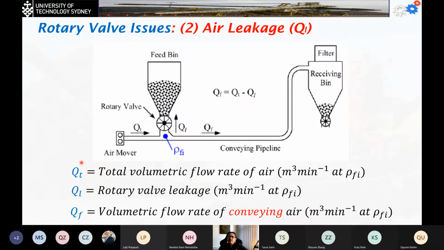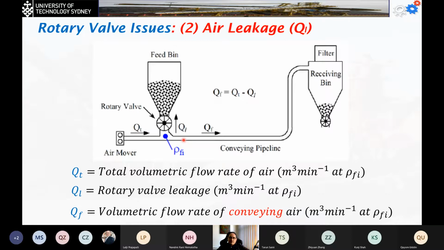Now, the main problem we have is going to be the air leakage through the system, or the QL. So the QT is the value for the total volumetric flow rate of the air from the air mover or from the pump. The QL is the amount of the air that's running through the rotary valve and pushing the material backward. And this is one of the main important problems we have to care about.